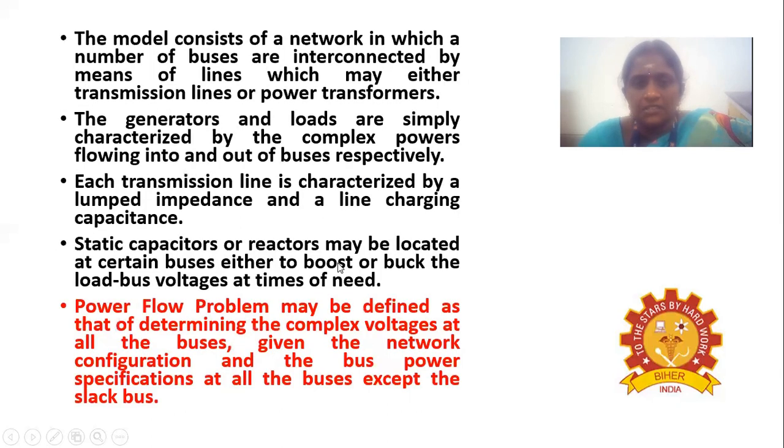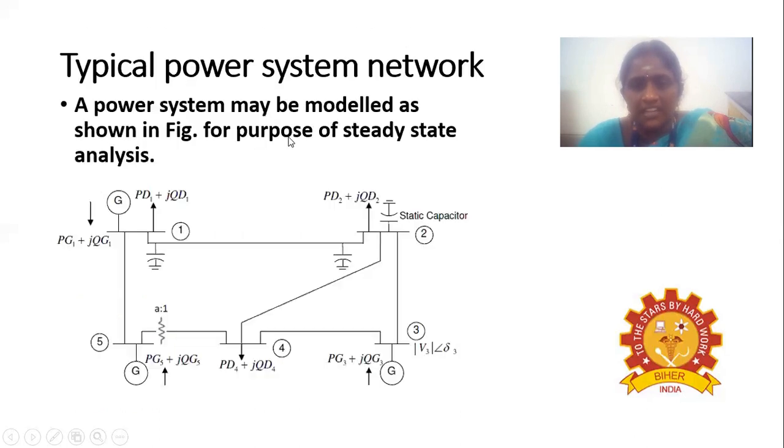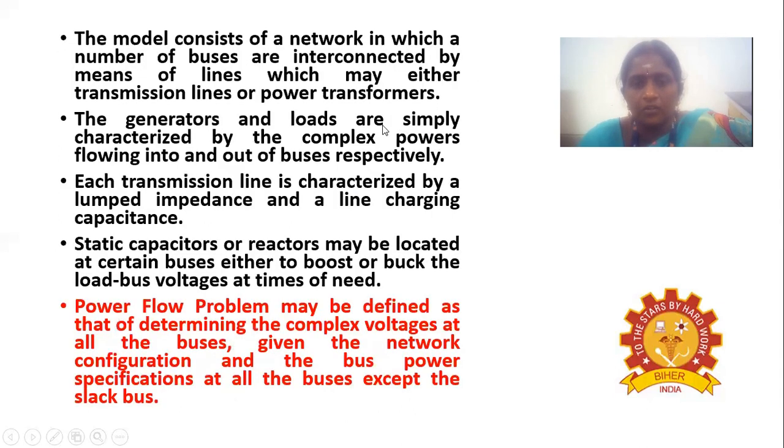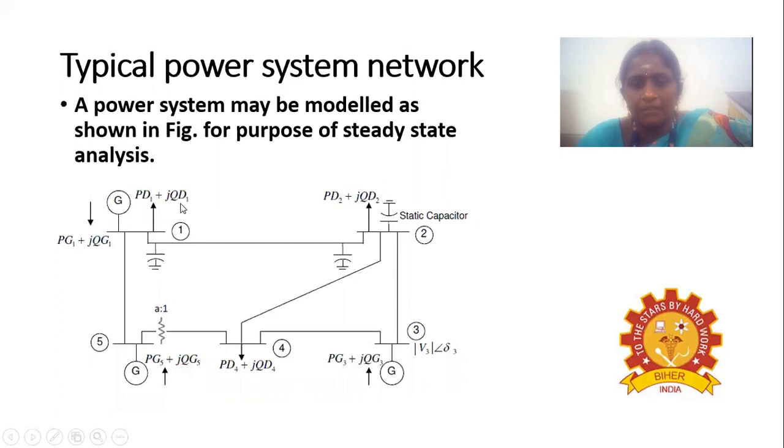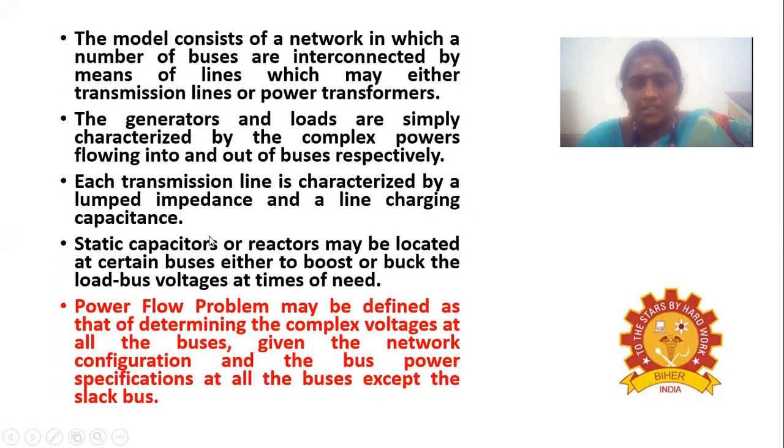So the model consists of a network in which a number of buses are interconnected by means of lines, which may be either transmission lines or power transformers. The generators and loads are simply characterized by the complex powers flowing into and out of buses. The generator is characterized by the complex power entering into the bus, and the load is characterized by the power flowing out of the bus.